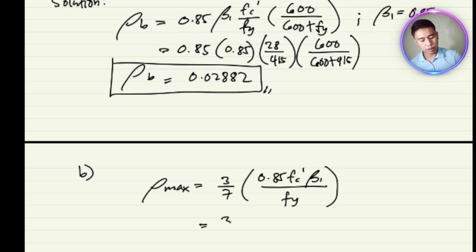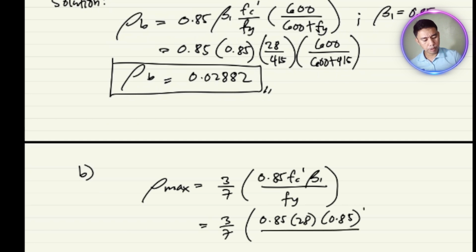Okay, so this is 3 over 7 times 0.85 times 28 times 0.85 over Fy of 415.